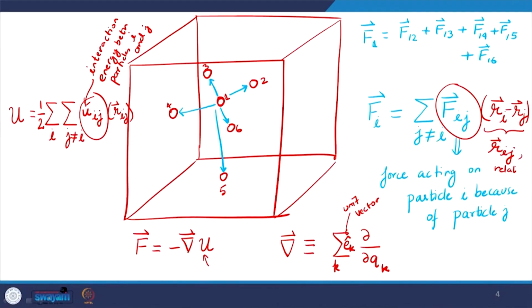So, it is a function of the separation and it is a function of the relative orientation of the particles. We can leave it for later because I am assuming that the balls are spherical in the picture. In that case, the orientation is not so important.